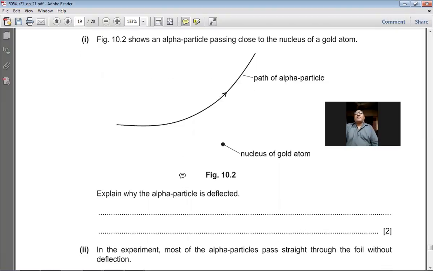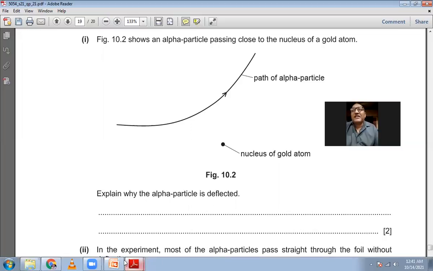Explain why the alpha particle is deflected. You know the alpha particle has a positive 2 charge, and the nucleus also has a positive charge. Because they both are positively charged, they will repel each other. That's why the alpha particle has been deflected, because like charges repel each other.